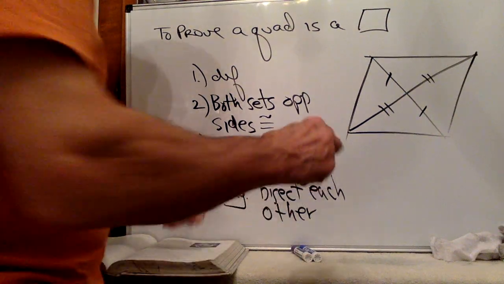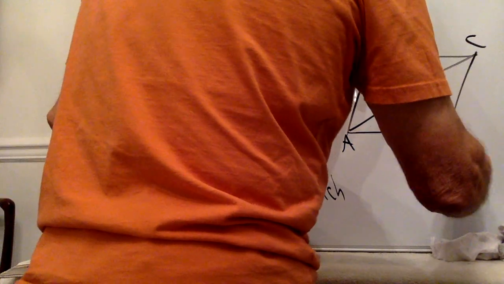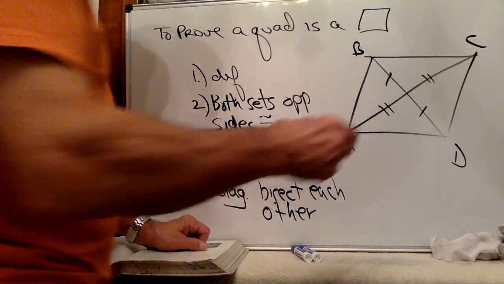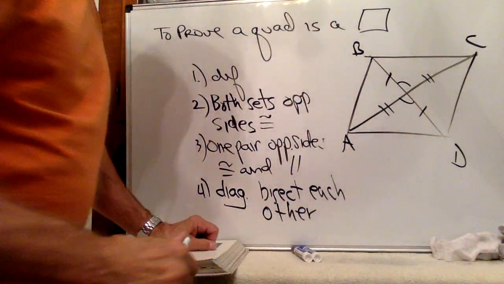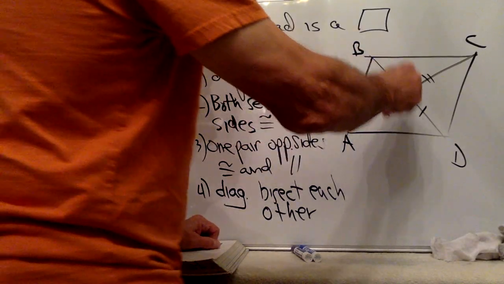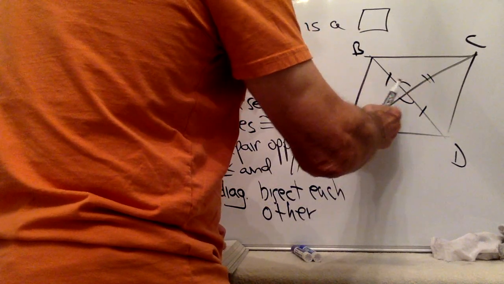The only way that works is if this figure, whatever you label it, I can prove that ABCD is a parallelogram. The way you do this one, that angle is congruent to that, vertical angles, making this triangle and that triangle congruent by side angle side.